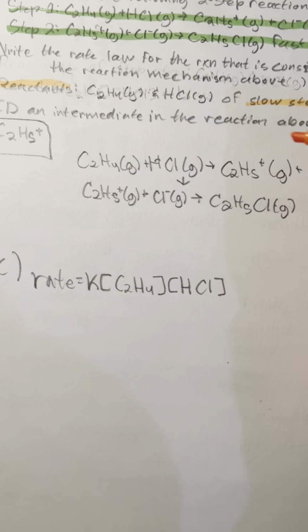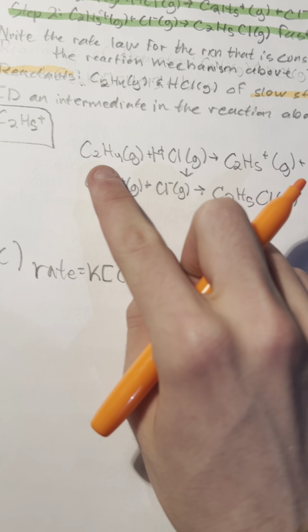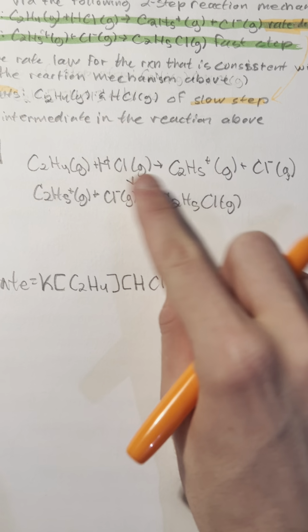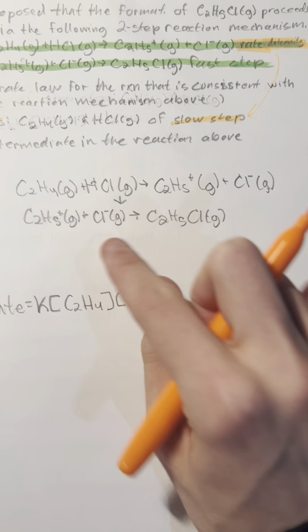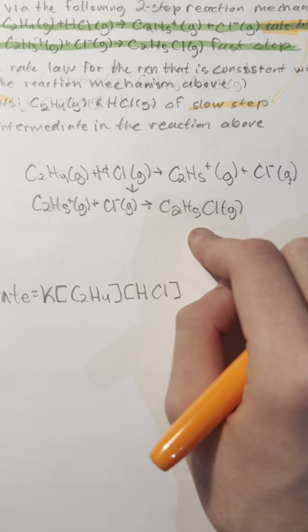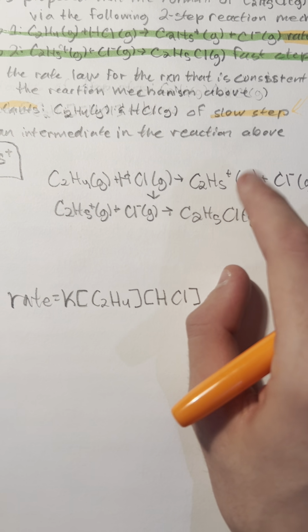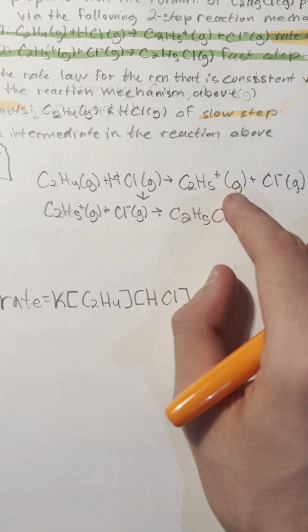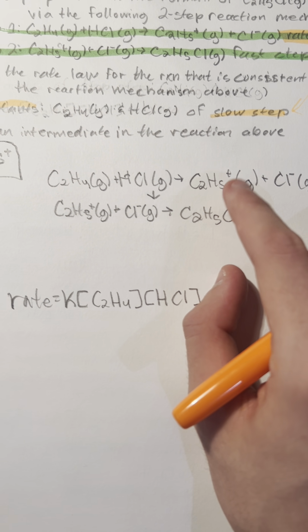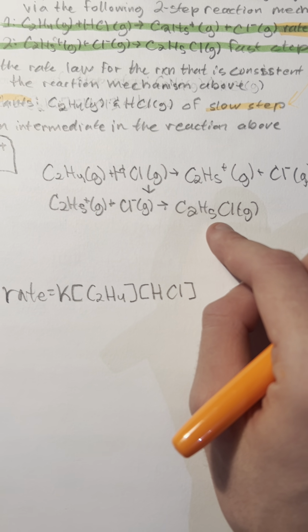So the products of this reaction are going to come together to form this reaction. And an intermediate is not going to be part of this. Out of the reactions in here, it's going to be used up to form this.